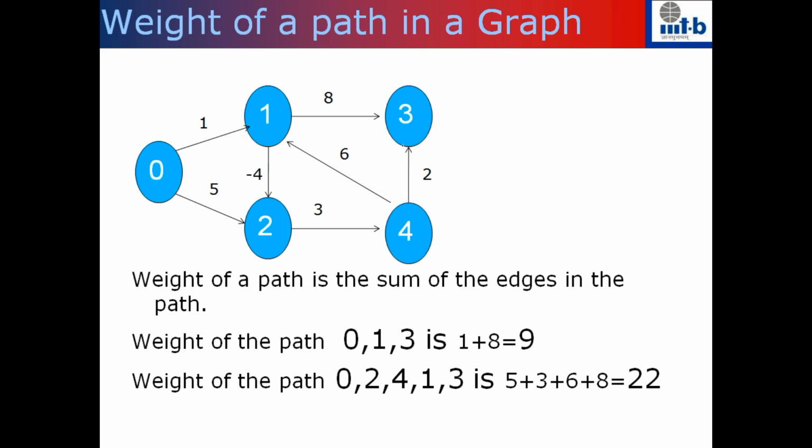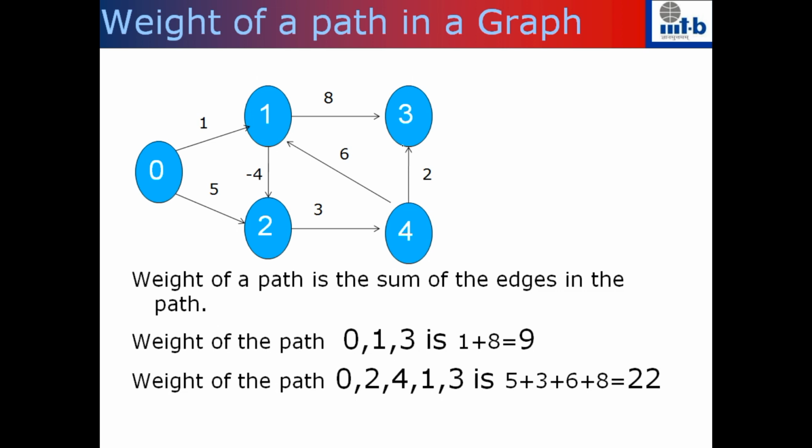Then we can define the weight of a path if the graph is a weighted graph. The weight of a path is the sum of the weights of the edges in the path. For the path 0, 1, 3, the edges in the path are 0-1 and 1-3.